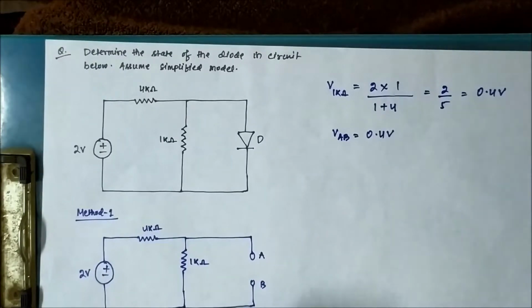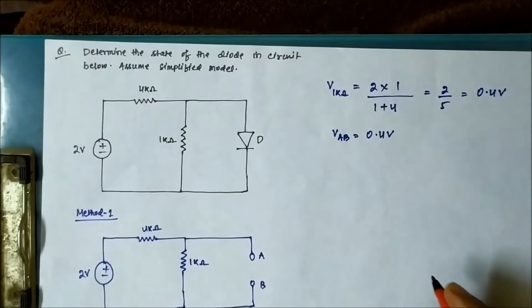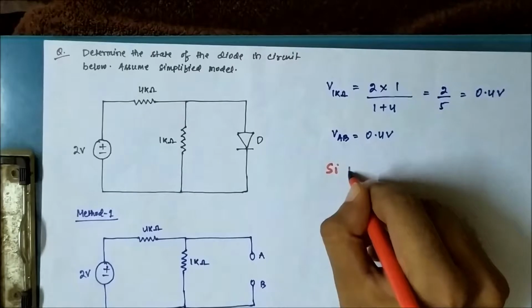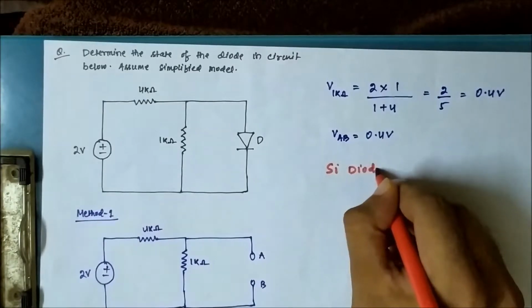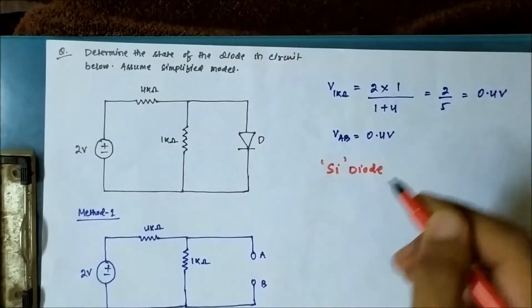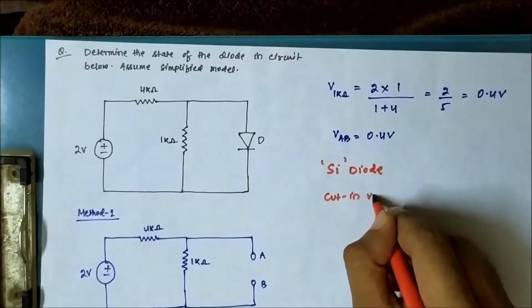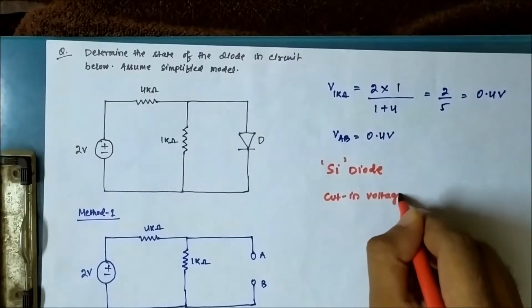So here we will consider that it is a silicon diode, and the cut-in voltage of a silicon diode is 0.7 volt.